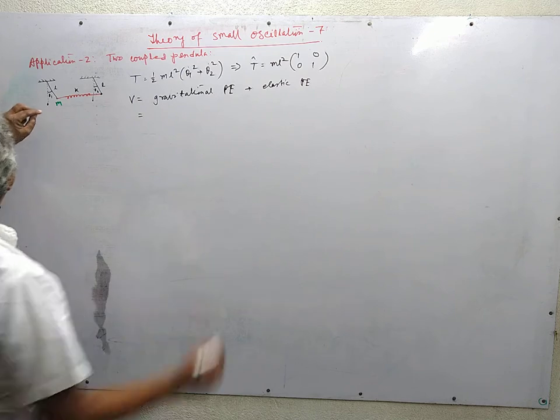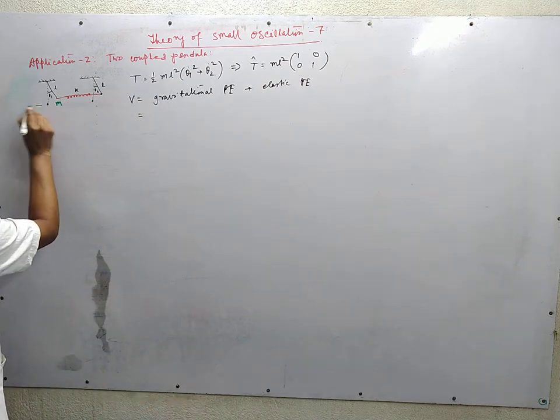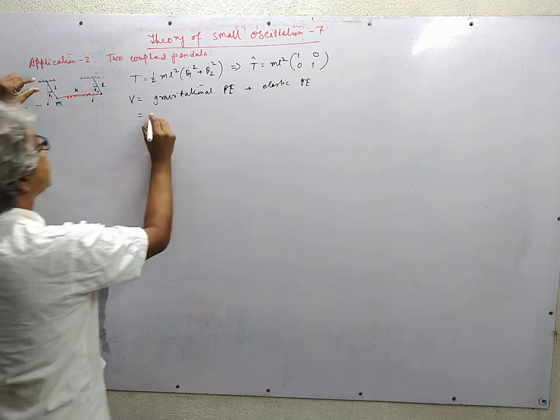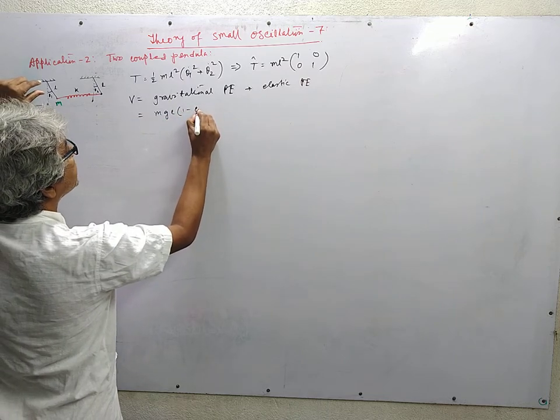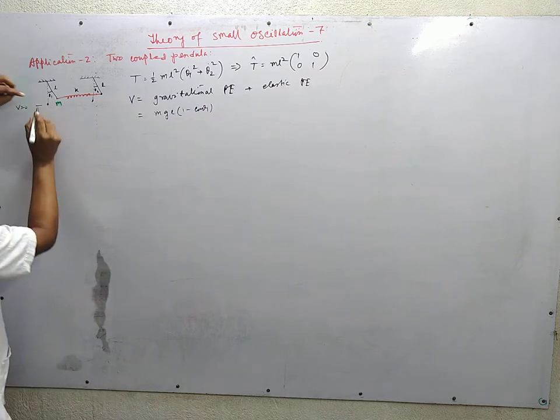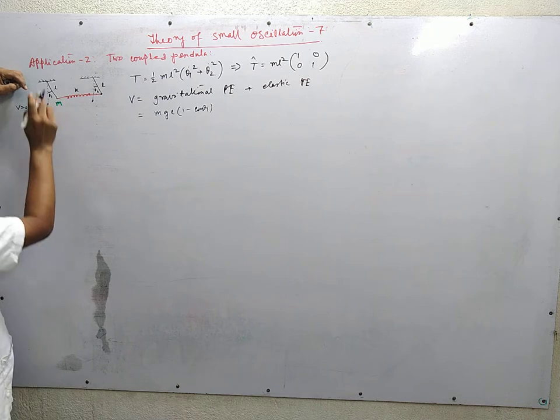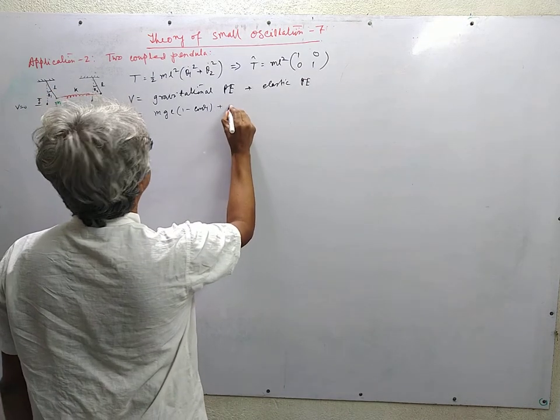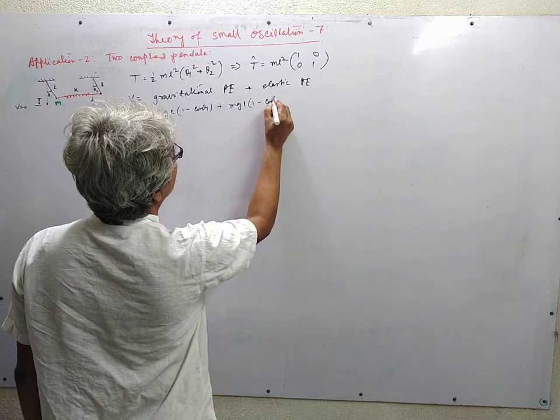If we consider this as the zero level of the system, then this bob is at a height L into 1 minus cos θ1, so the gravitational potential energy is m g L (1 minus cos θ1). And for the mass 2 it is m g L (1 minus cos θ2).